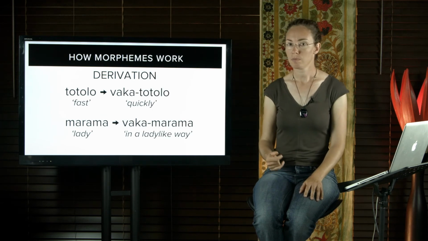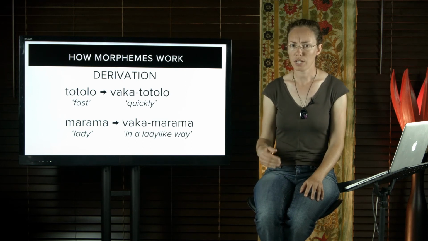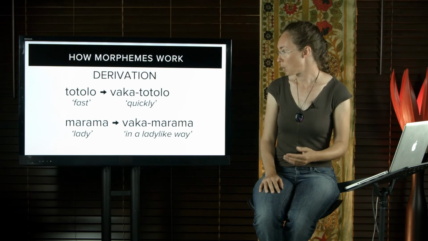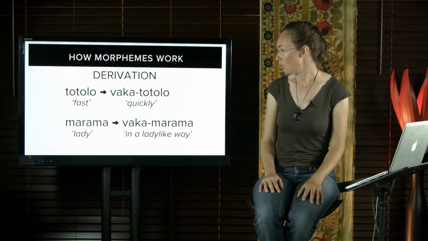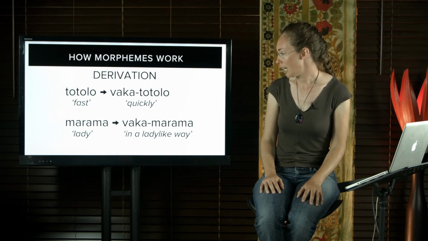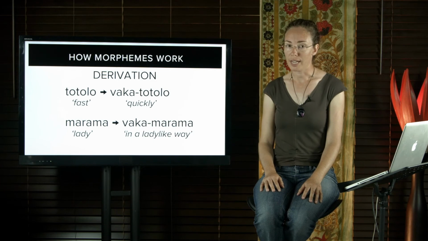For example, in Fijian, vaka means in the manner of. So it turns an adjective or a noun into an adverb. So totolo means fast, vaka totolo means quickly, marama means lady, vaka marama means in a ladylike way.